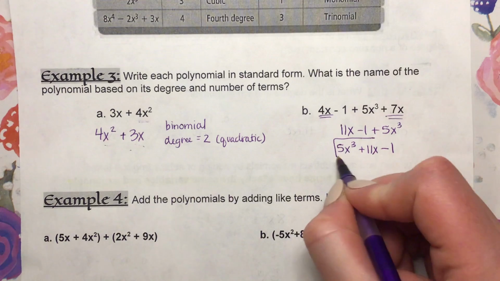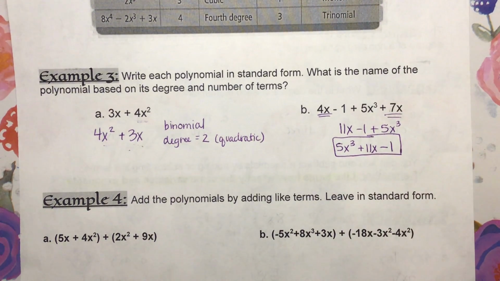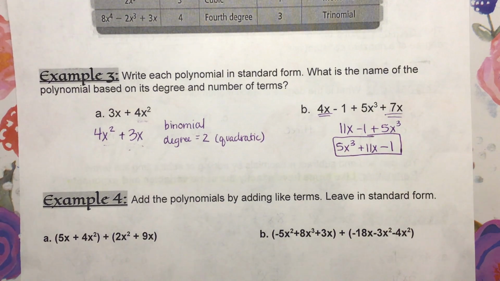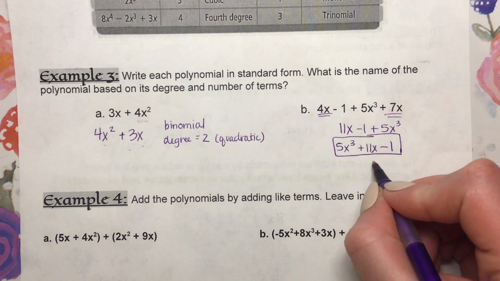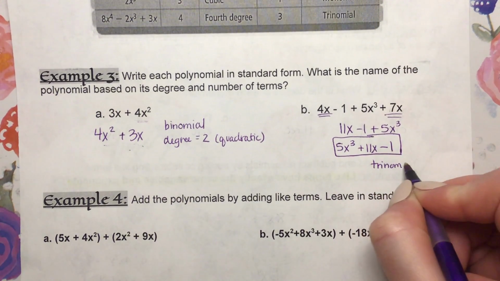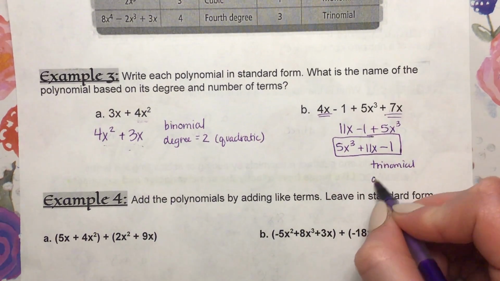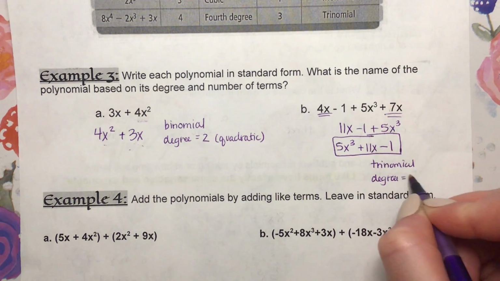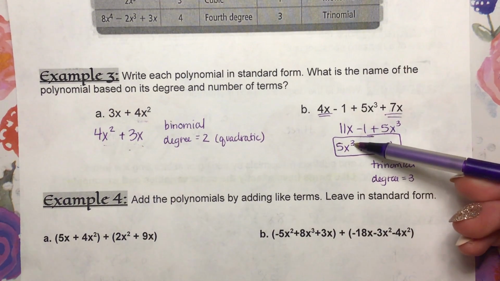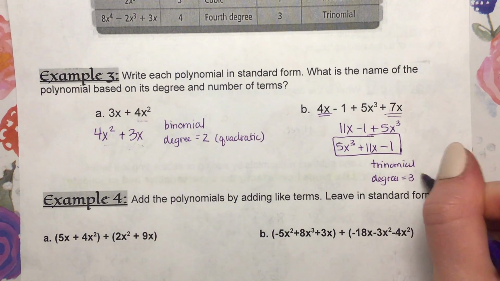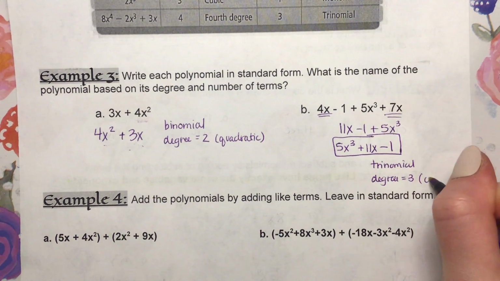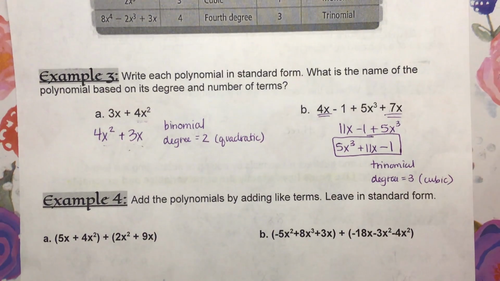So this is going to be my final expression answer there. Now, if I were to describe this based off of its degree as well as its amount of terms, it is a trinomial because it has 3 terms, and it has a degree of 3 because the largest exponent is a 3. In other words, that is a cubic in fancy.